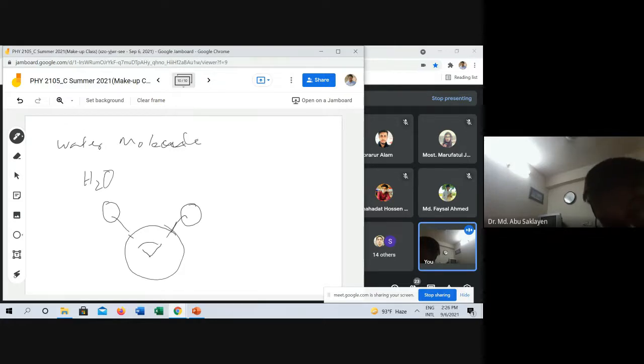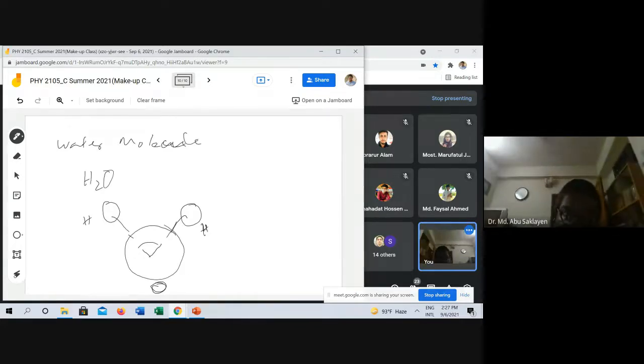This angle is 105 degrees. So this is hydrogen 2 and this is oxygen. So in hydrogen, simple case, one proton and one electron are there, and in oxygen there are 8 protons and 8 electrons.